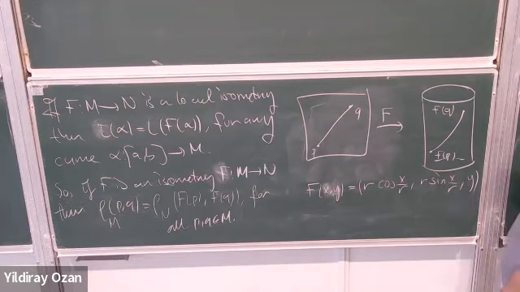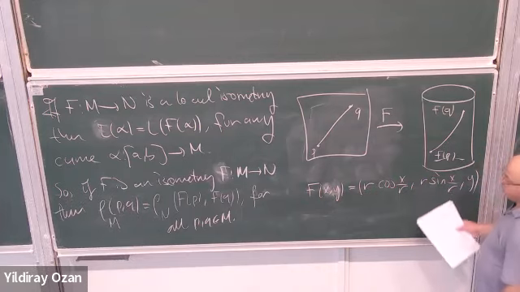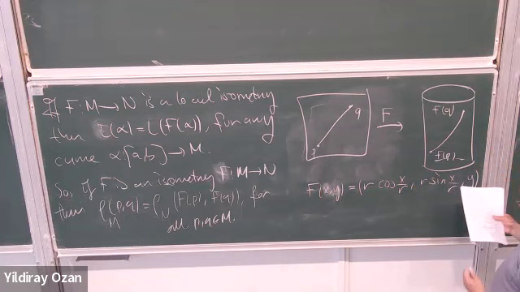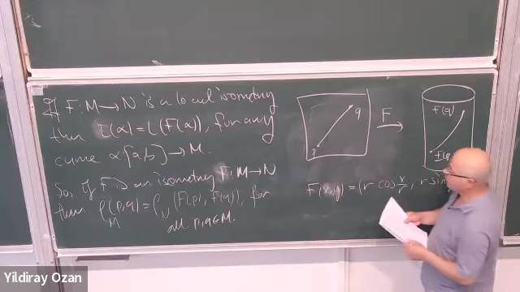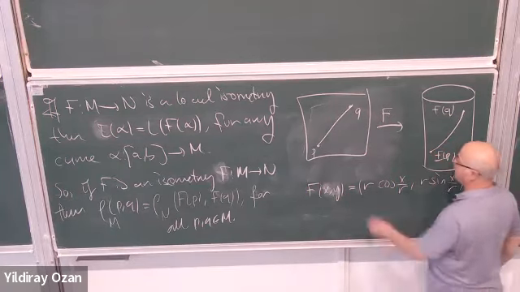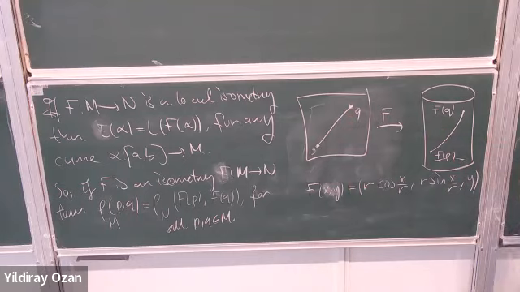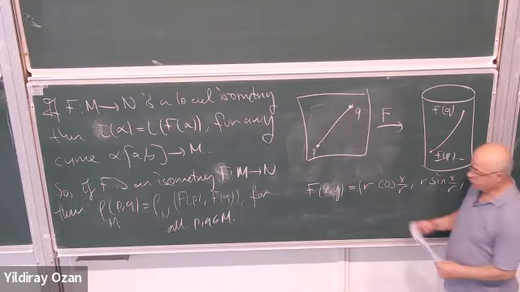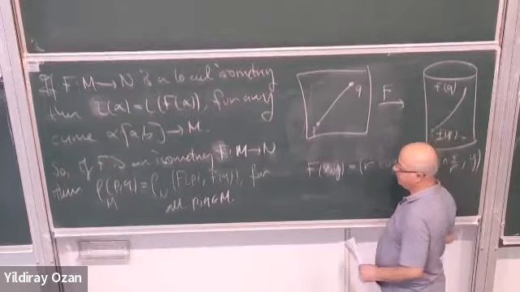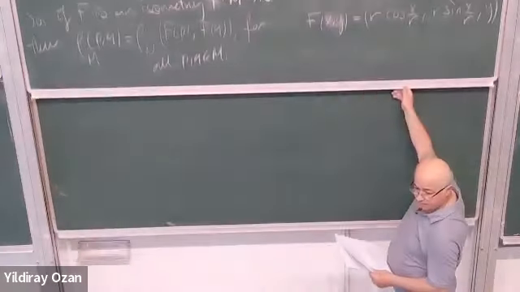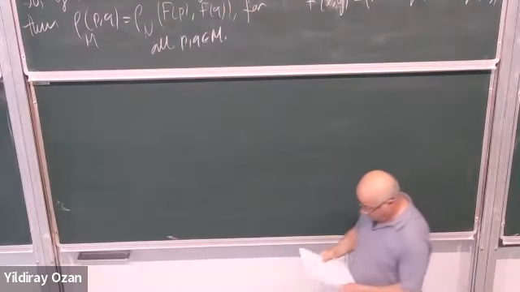This is an isometry, and it preserves the distance, of course. And if you take a curve, let's say a line segment joining these two points in the xy plane, then the image of that line segment is a part of a helix. And if you compute these distances, they are the same.